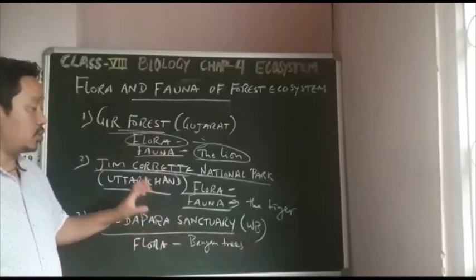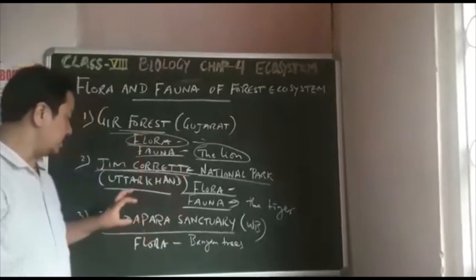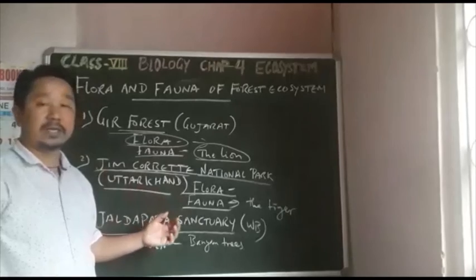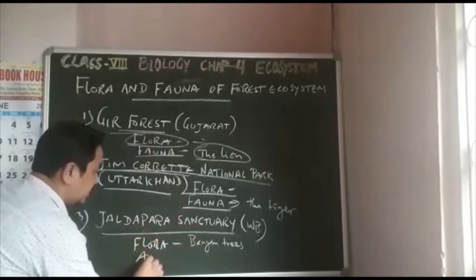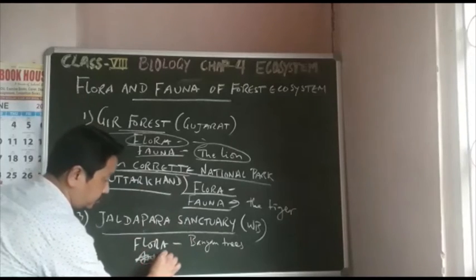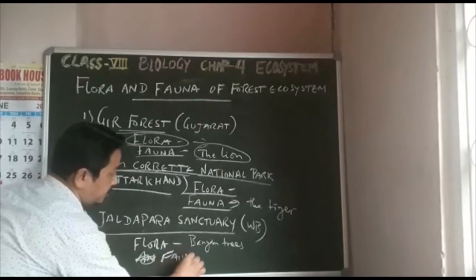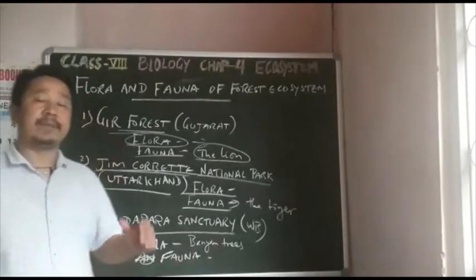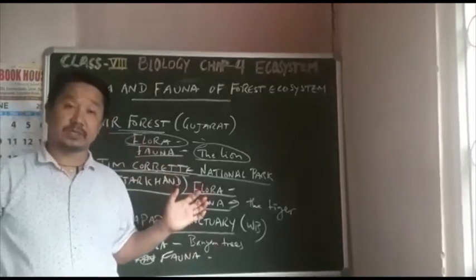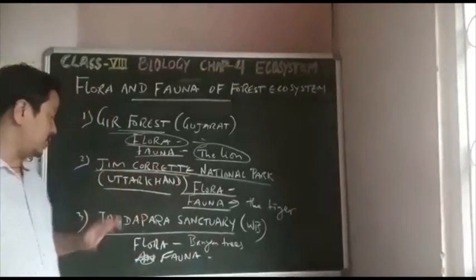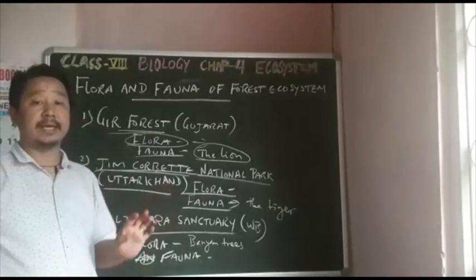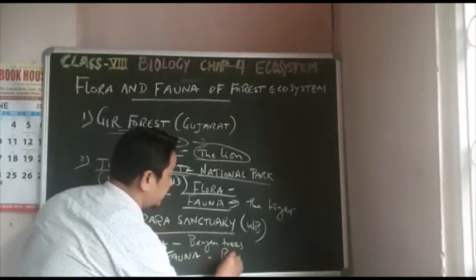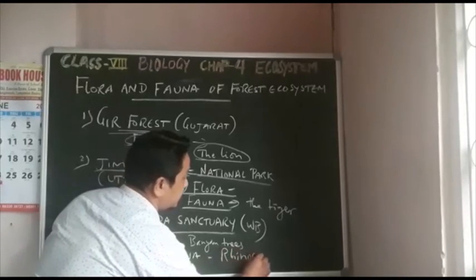These are the dominant plants in this sanctuary in West Bengal. And for fauna, there are many other animals there, but here also the significant animal present in this sanctuary is the rhinoceros.